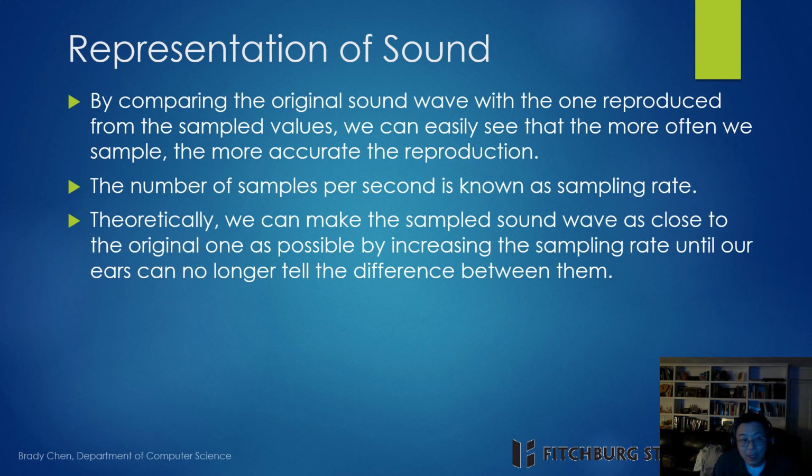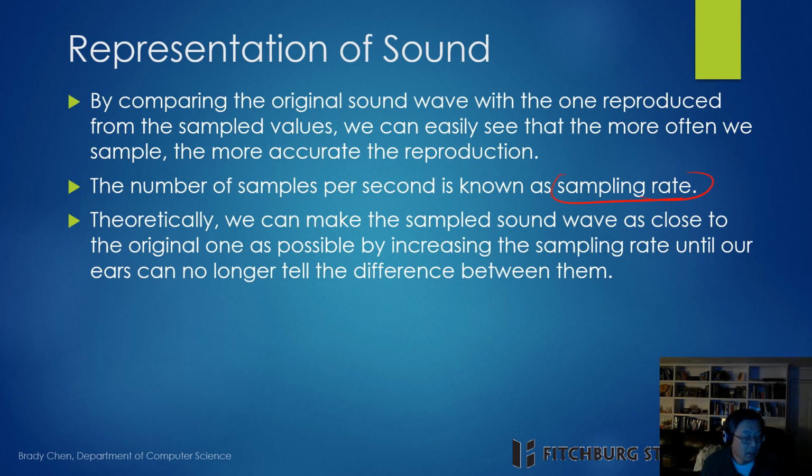So we know that by comparing the original sound wave with the one reproduced from the sampled values, we can easily see that the more often we sample, the more accurate the reproduction. So the number of samples per second is known as the sampling rate.